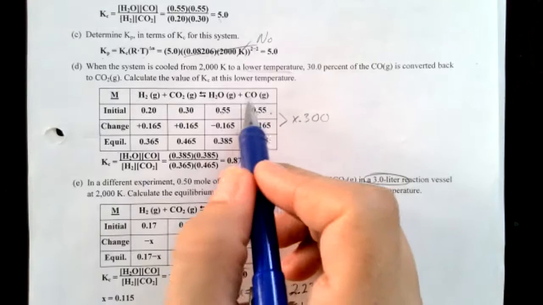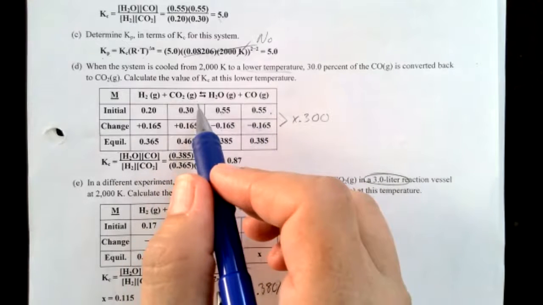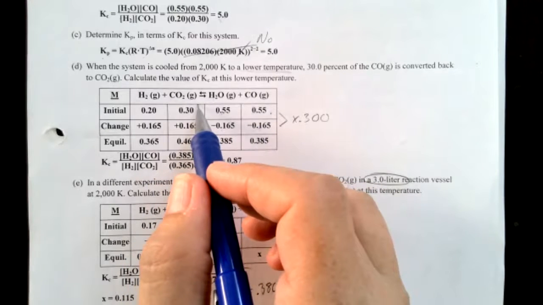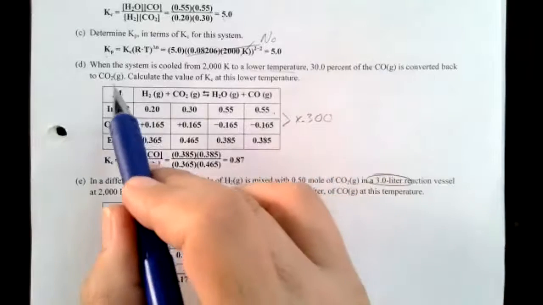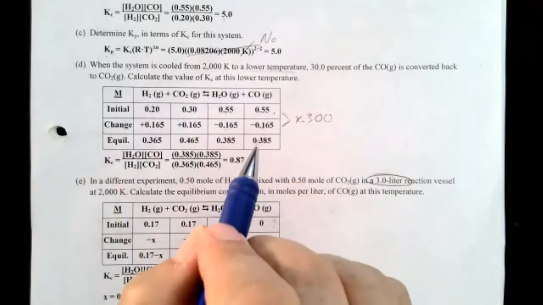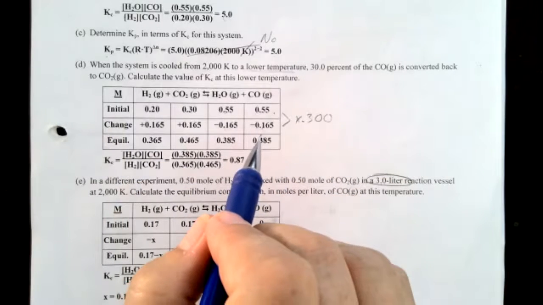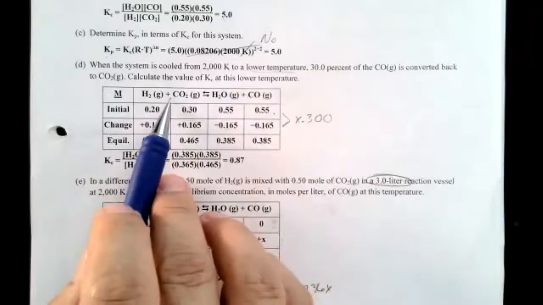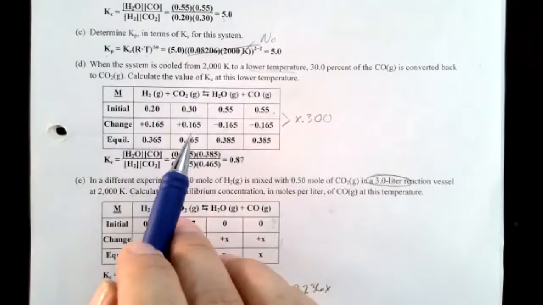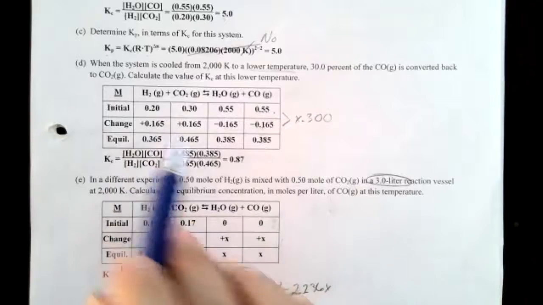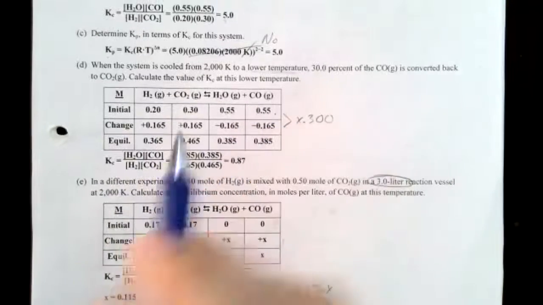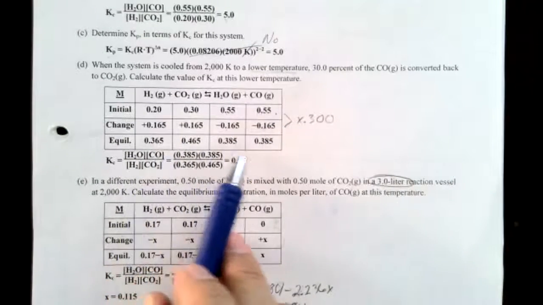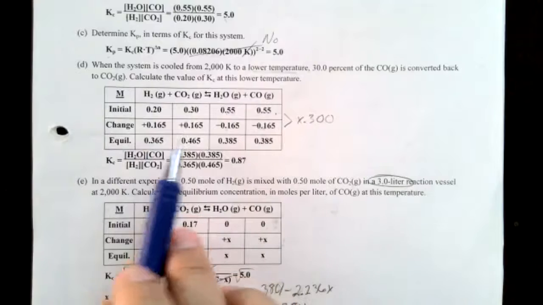Well, how did it go down? Well, the whole thing went left. In fact, they say it's converted back. So we lose equal amounts here, and in this case, because there's not a 2 or a 3 in it here, we gain equal amounts of these. And then, therefore, the equilibrium amounts are these once we subtract and add.